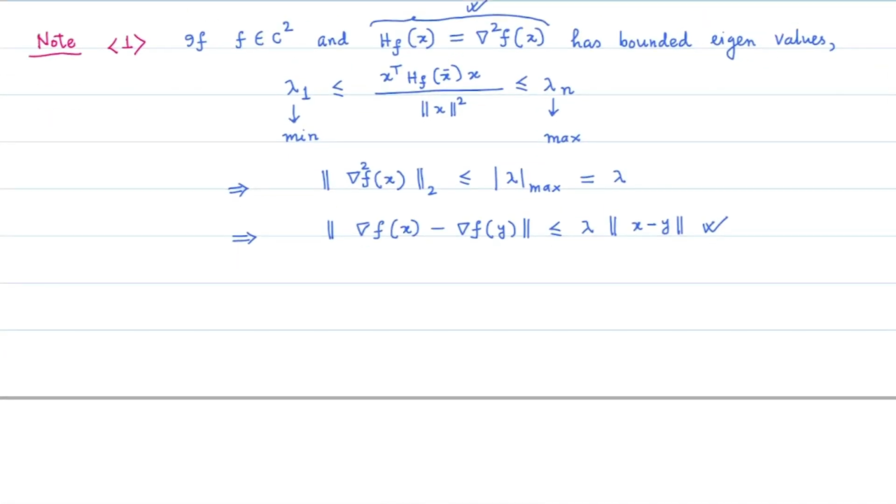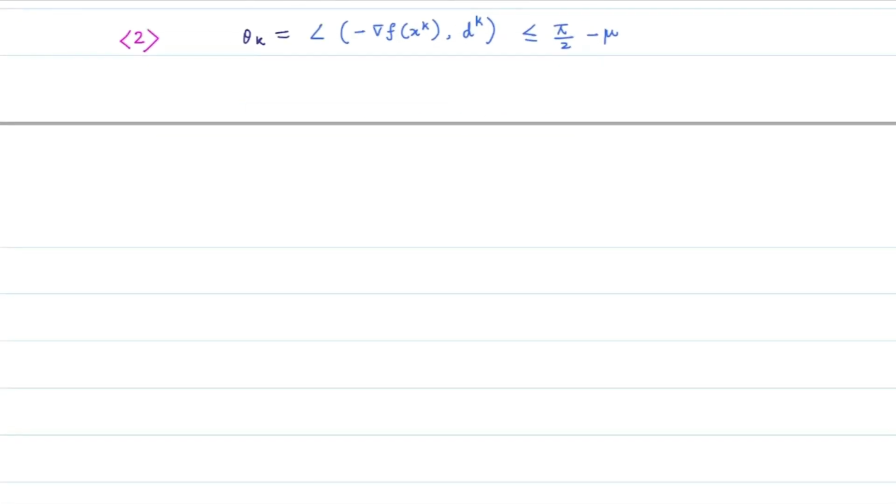that the angle between the negative gradient at xk and the chosen dk being less than or equal to pi by 2 minus mu tells us that you choose the descent direction dk to be employed in the algorithm such that, if I have the level curve of the function f at xk, say this curve, and in this level curve certainly we have the point xk lying, let's suppose the location of xk is somewhere over here.